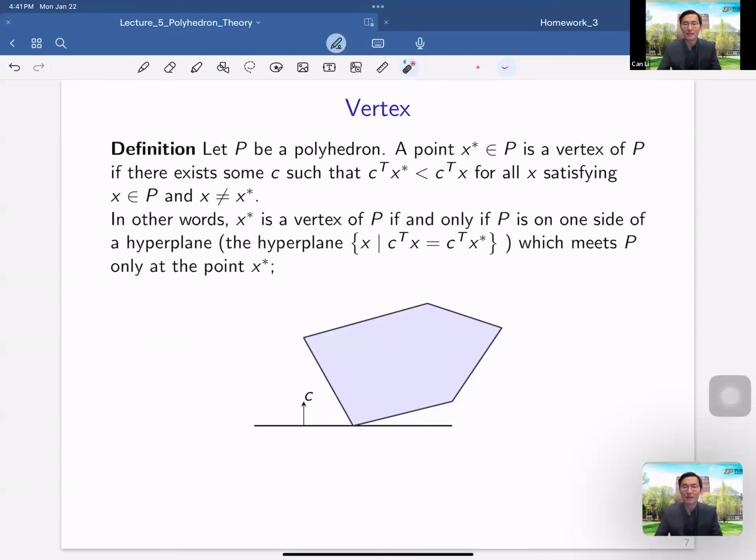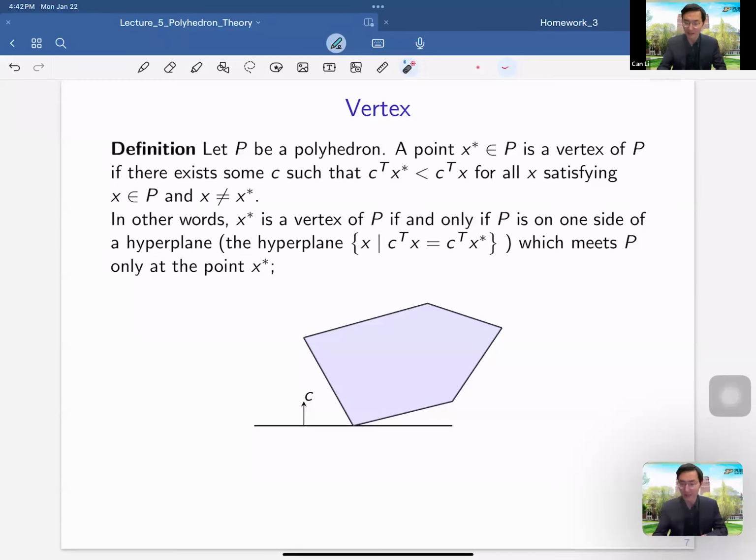And then what is a vertex? Intuitively in 2D, it's very easy to check. If I give you a polyhedral, you can tell me that those 5 points are the vertices. But how do we define it in a mathematically rigorous way? So here it gives a definition. Let P be a polyhedral set, and let's say we pick a point X star in P. It is called a vertex if you can find a hyperplane that separates X star from the rest of the polyhedron.